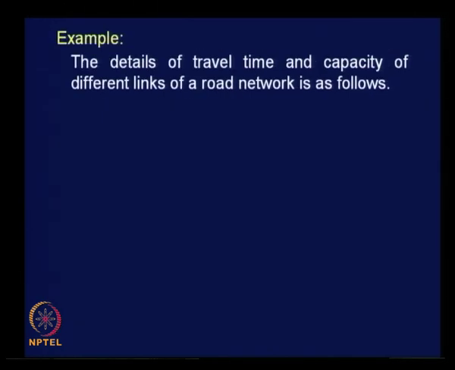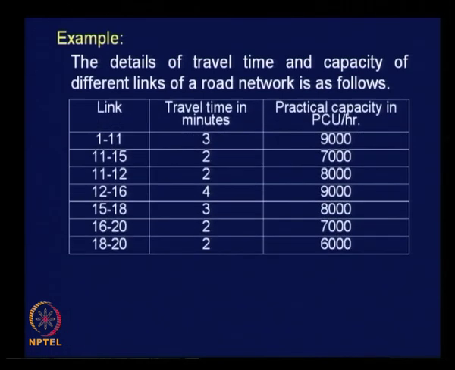Let us take a small numerical example and try to understand the multipath method of traffic assignment. This is the information related to a small network. Link designations are given in column 1, and travel time in minutes is given in column 2, and practical capacity of each link is also given to us as additional information, even though it may not be very essential at this stage.